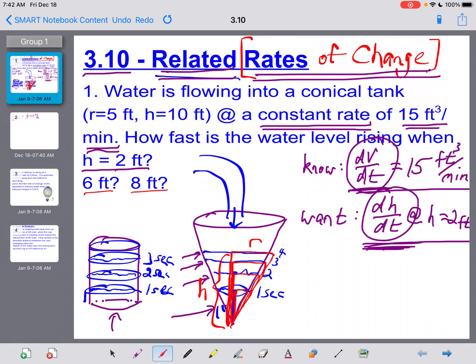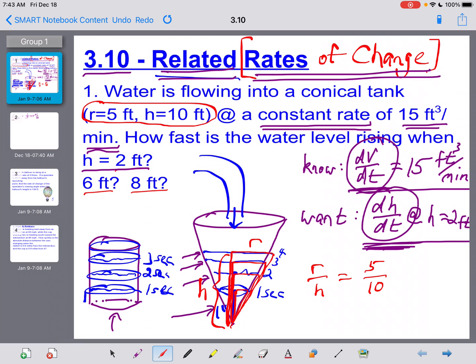So, regardless of whether or not this tank is half full, a quarter full, completely full, the ratio of radius to height when we measure the water at any spot is given to us by the same measurements right here that when the tank is full. So when the tank is full, the radius of our water would be 5 feet and the height of our water would be 10 feet.